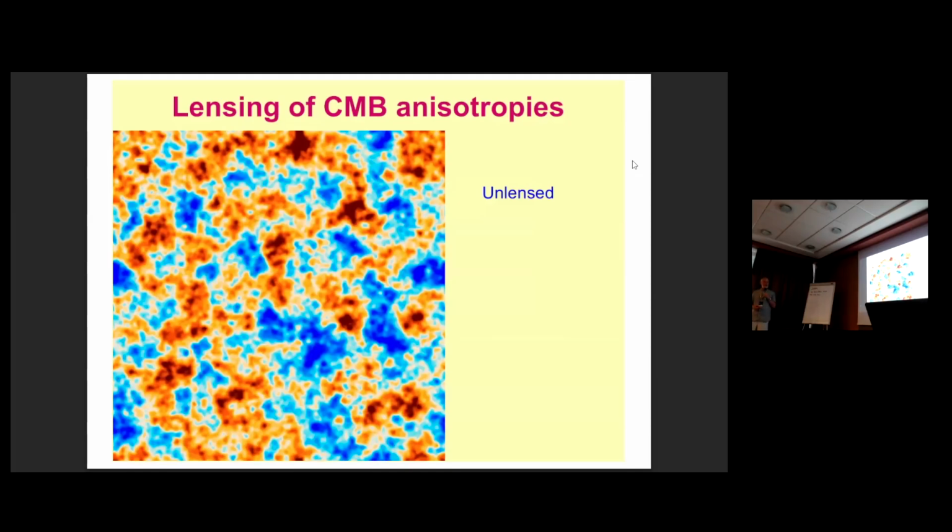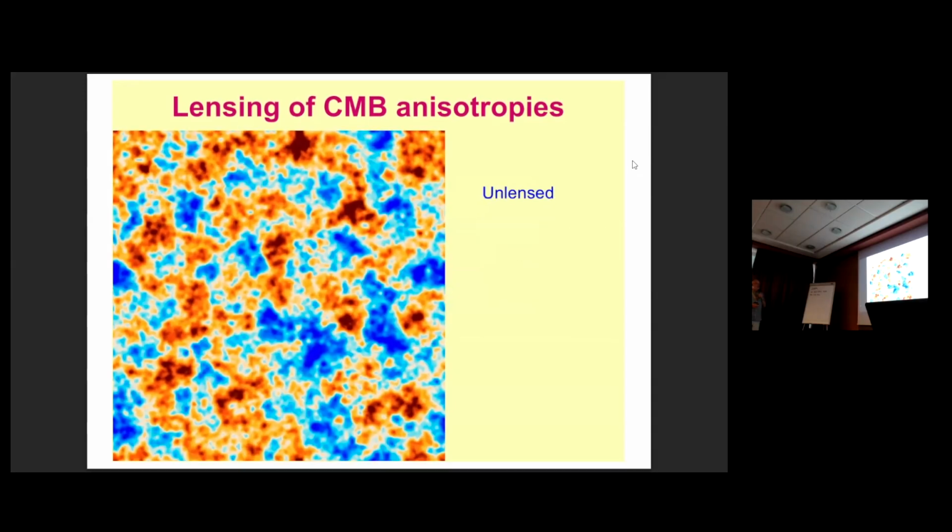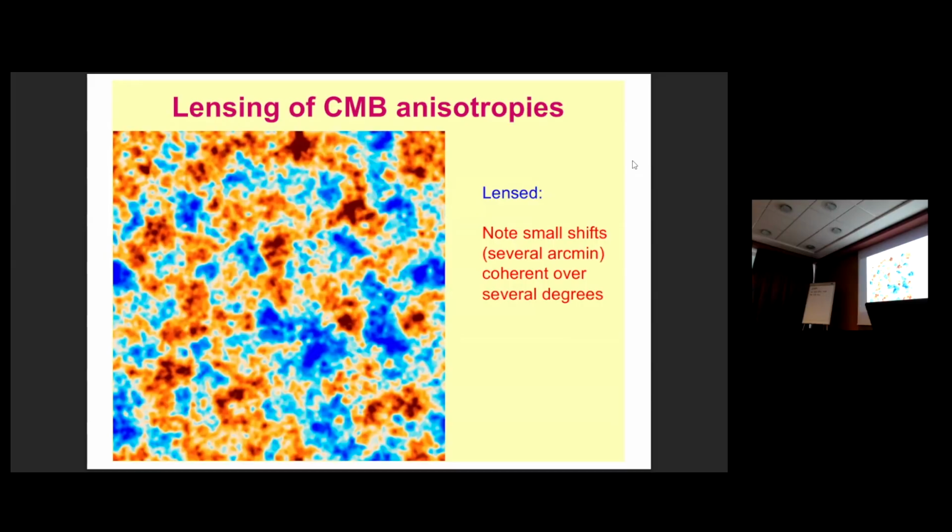CMB lensing rearranges the sky subtly. Here's a realization of a 10-degree patch of microwave background. If you apply lensing, you get small effects which are coherent over several degrees, just shifting position by a few arcminutes. But that makes the microwave background non-Gaussian, and it allows reconstruction algorithms to operate on that non-Gaussianity.